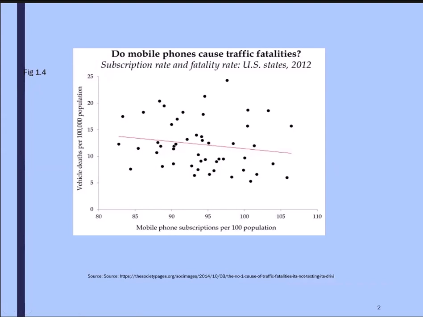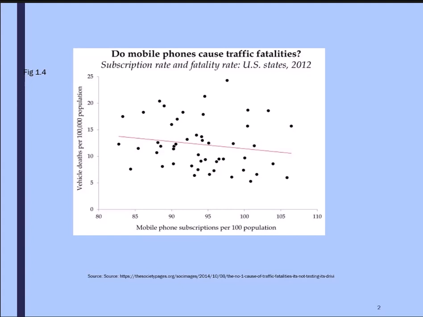This slide returns us to figure 1.4 from lesson 1. When we're looking at this graph, we see that there are a lot of uncontrolled variables in correlational studies. And because there are a lot of uncontrolled variables, correlational studies can lead people to miss relevant associations.